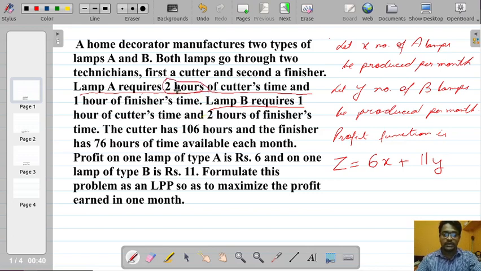We require exactly twice x hours, right? And for y units of lamp B, we require y hours of cutter's time. Okay, so total how many hours of cutter's time is required? It's twice x plus y. Okay, right?